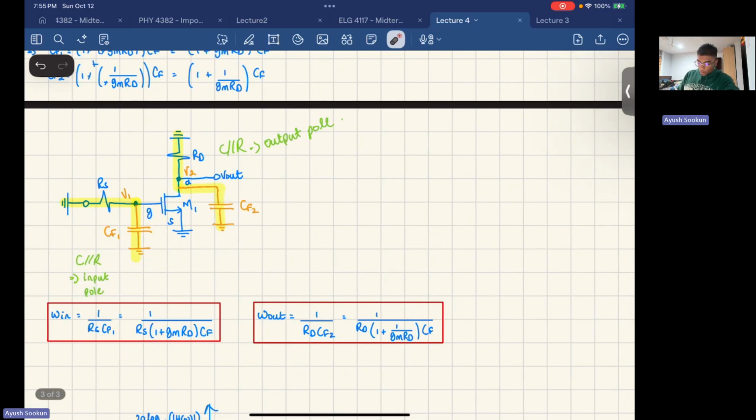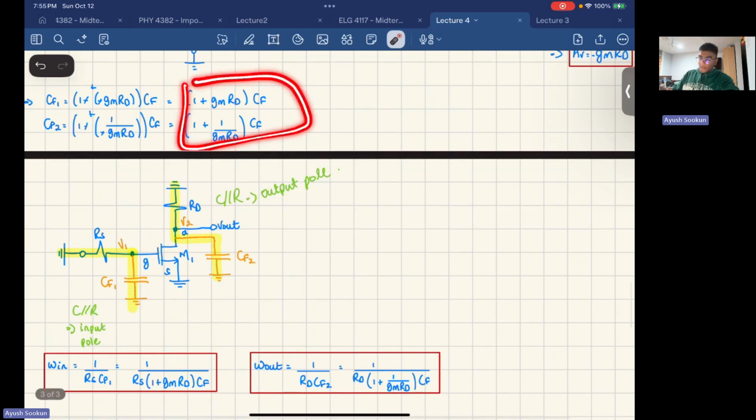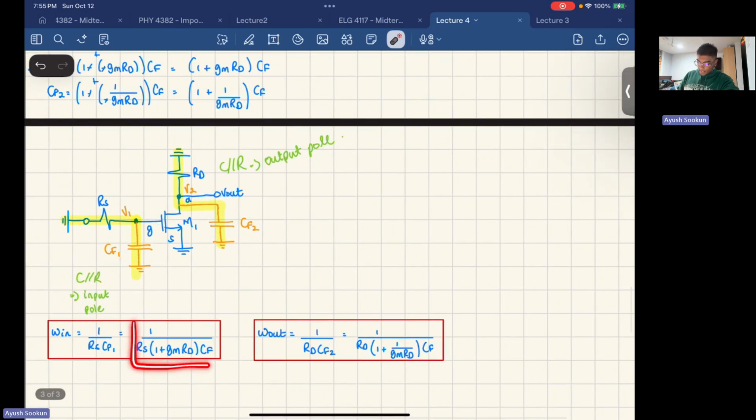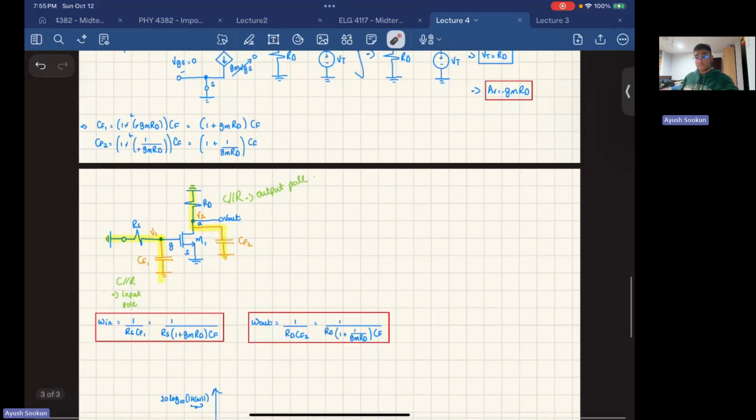So omega in is equal to 1 over RS times CF1, and omega out is going to be 1 over RD times CF2. Now CF1 and CF2, I just replace them by their equations, and here I get this, and I get this. These are the equations of my poles.